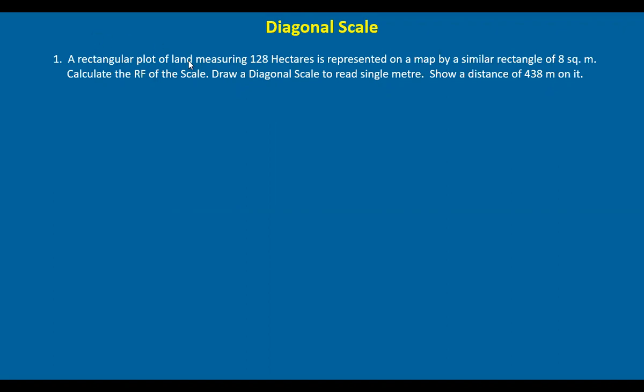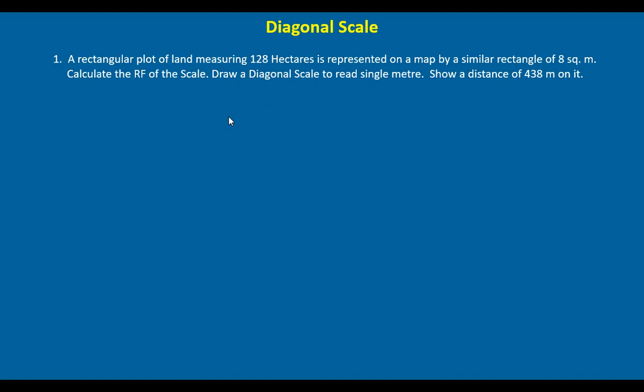We have a land of originally 128 hectares, and it is represented on the map by a small rectangle here. Using this two-dimensional figure, we have to convert into one-dimensional length. This RF is actually, we are drawing the scales one-dimensional objects. So we are going to see how we will draw that.